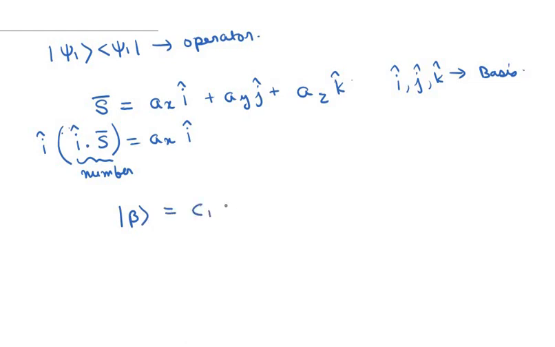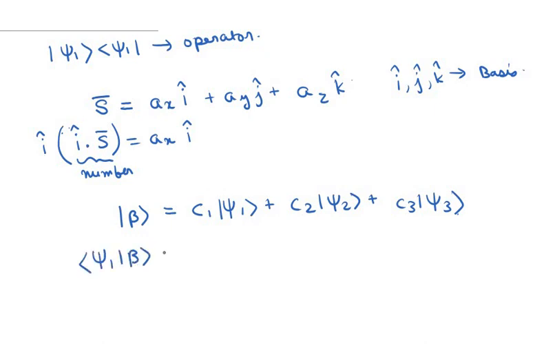Similarly, we have a wave function beta which is equal to, let us say, c1 psi 1 plus c2 psi 2 plus c3 psi 3. If we do the inner product, which is equivalent to the dot product, with this psi 1 over here, then we will just get this coefficient c1, as we discussed.